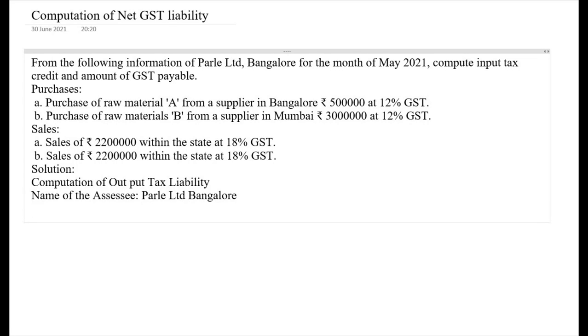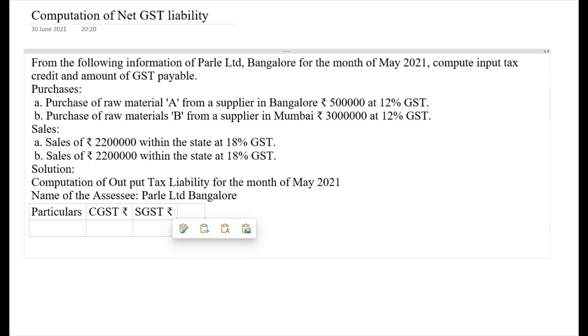This is for the month of May 2021. Let me insert 4 columns here: Particulars, CGST in rupees, SGST in rupees, IGST in rupees. So now let's begin here.